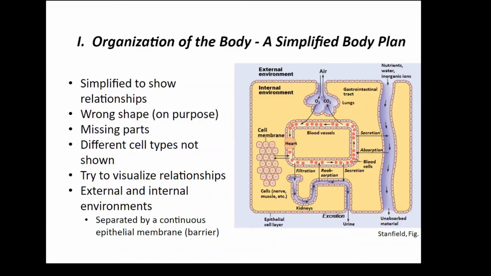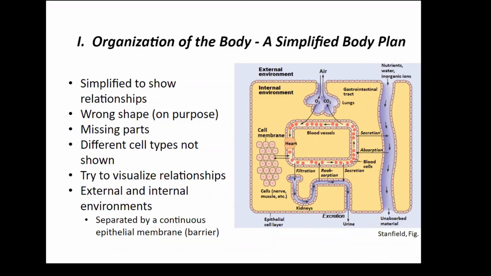We want to think about different fluid compartments, so different parts of the body that share fluid of similar composition. And we also want to be able to visualize where the outside of the body is, where the external environment is, and how that external environment differs from the internal environment.